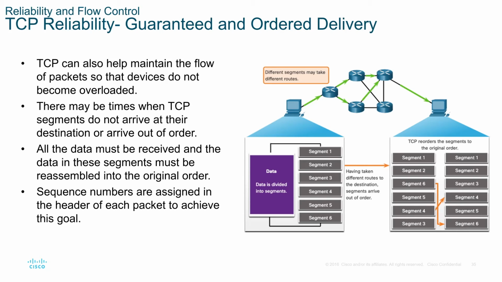There may be times when TCP segments do not arrive at their destination, or they arrive out of order. All the data must be received, and the data in these segments must be reassembled into the original order. The sequence numbers are assigned in the header of each packet to achieve that goal.